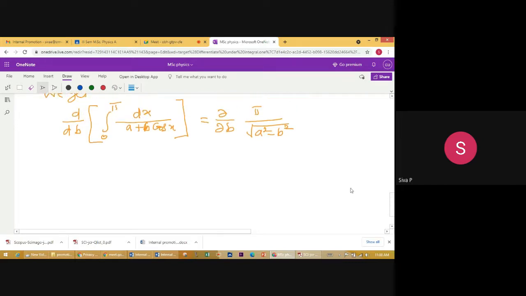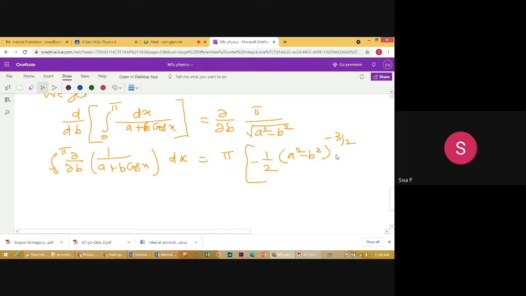So if you differentiate with respect to b, what happens here? Integral 0 to pi of 1 by a plus b cos x dx is equal to, keep that pi outside, minus 1 by 2 (a square minus b square) whole power minus 3 by 2. So when you differentiate a square minus b square with respect to b, we get minus 2b.